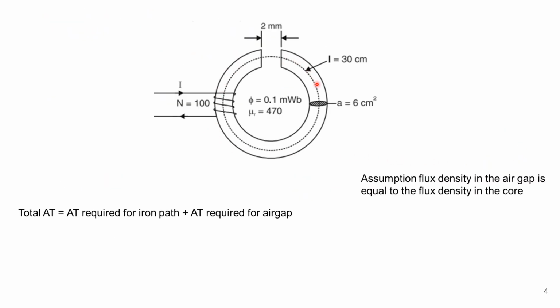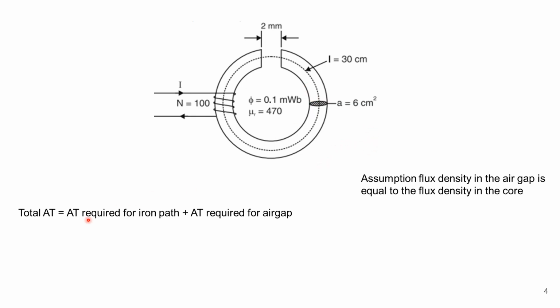So this is the given data. I have drawn the iron ring, which has a length of 30 cm, and the air gap length they have given us is 2 mm. Number of turns is 100, flux value is 0.1 milliweber, mu r for the iron path is 470, and area is 6 cm square.